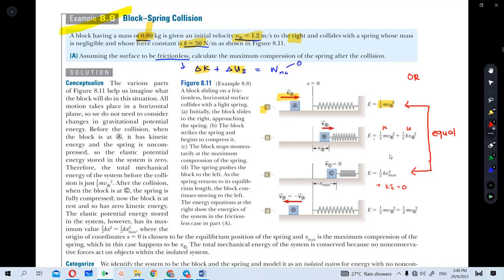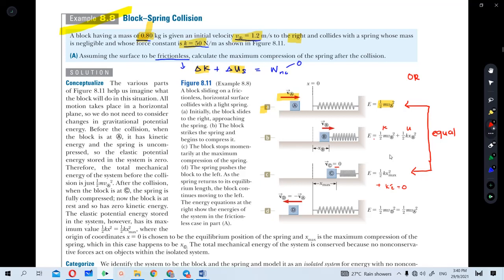So the kinetic energy, the speed, will be 0 at that location. And therefore, the energy at that moment is fully in the form of spring potential energy.